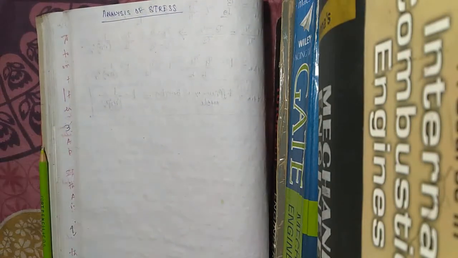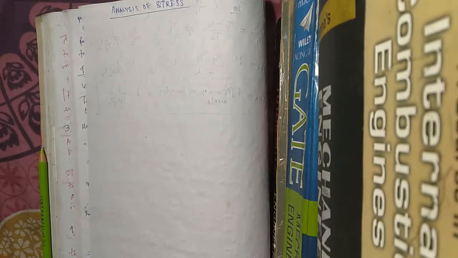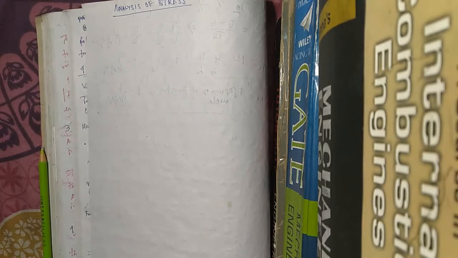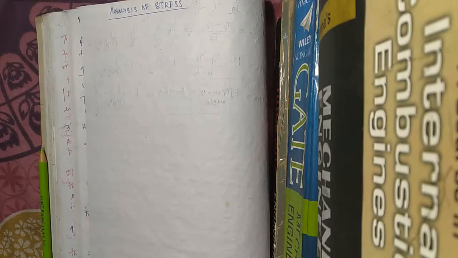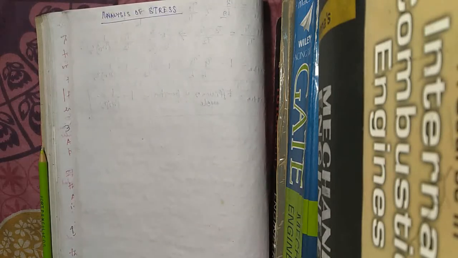What is stress? Stress is an internally resistive force per unit area. When an external force is applied to a body, then according to Newton's third law of motion, every action has an opposite and equal reaction.